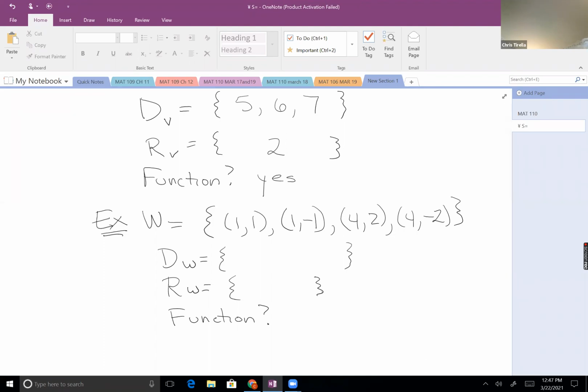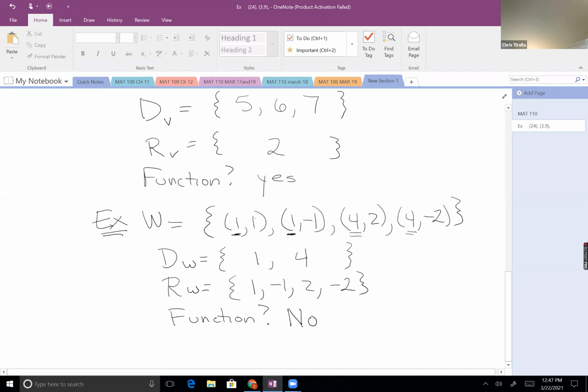And is everybody getting this? The domain, the X values, are just 1 and 4. The range, the Y values, are 1, -1, 2, and -2. And this time, is it a function? I'm going to say no, because if you look, 1 occurs twice. 1 is paired with +1 and -1.